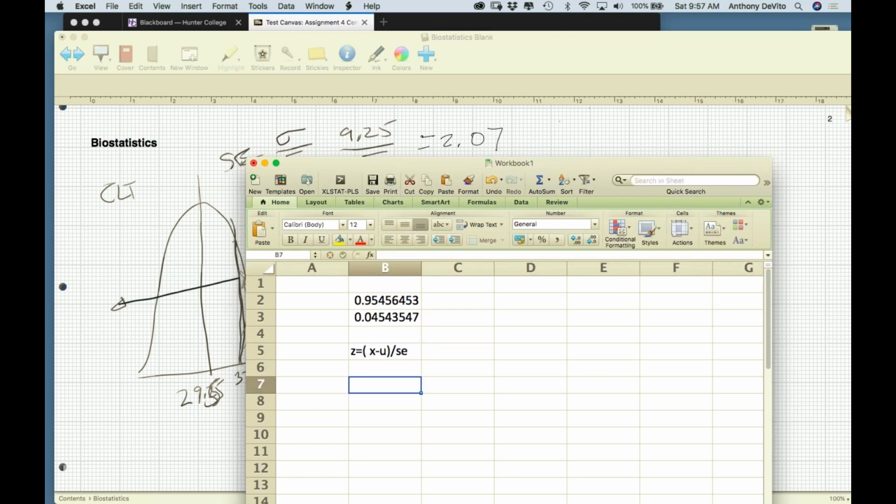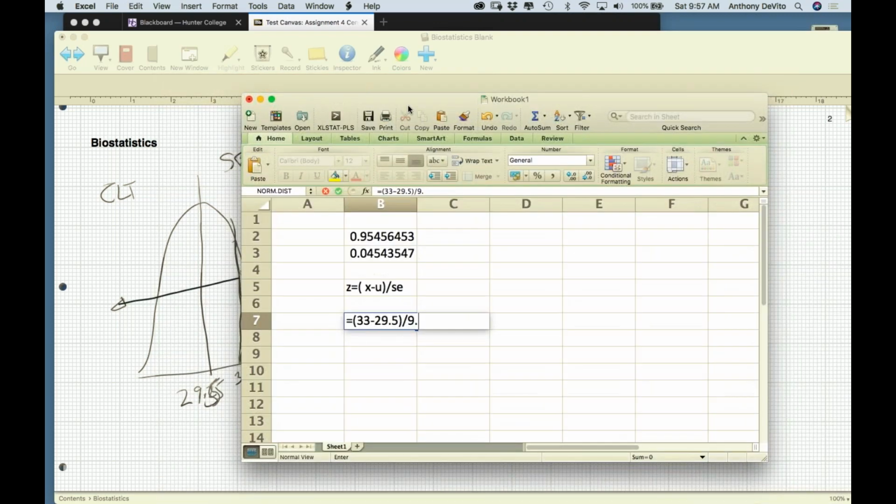So z is going to be equal to, I'll use the parentheses here, 33 minus 29.5 divided by, oh, I'm sorry, was it 9.25? I think it was 9. No, it was 2.07.